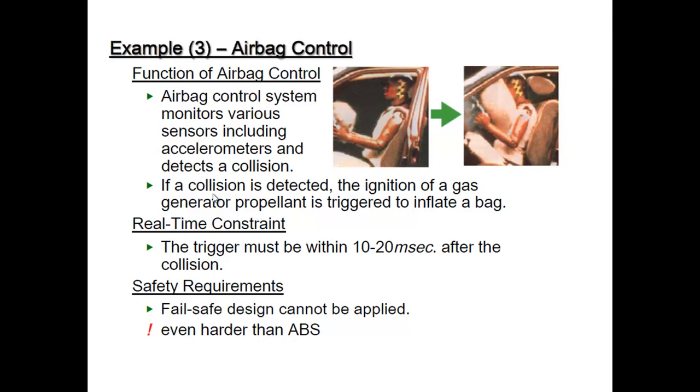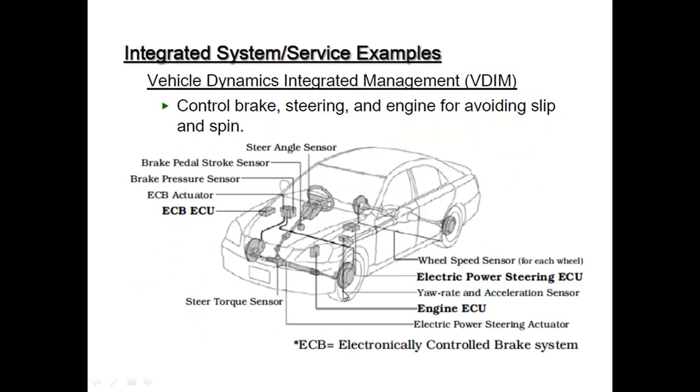It must be triggered within 10 to 20 milliseconds after the collision. If it is more than that, then it is no use. So within 10 to 20 milliseconds the airbag gets inflated, and it will save the people and safeguard them from the collision. Fail safe cannot be applied.